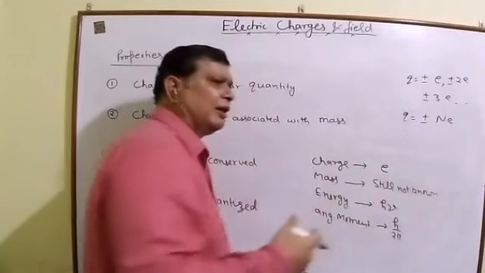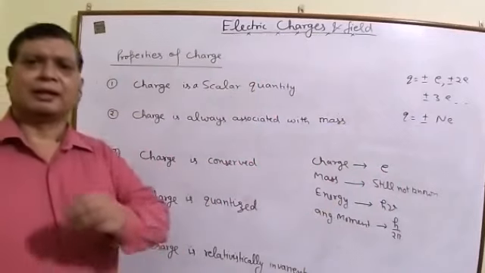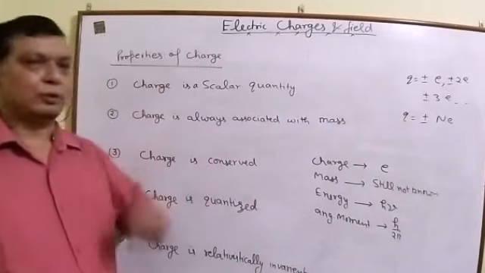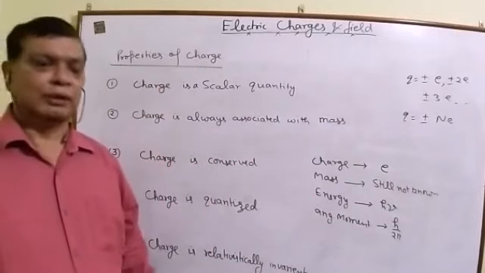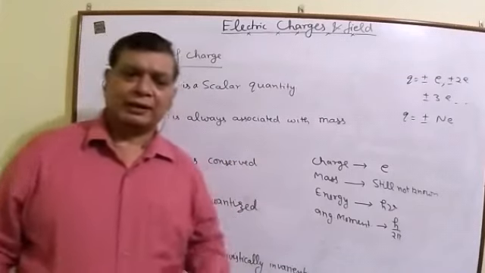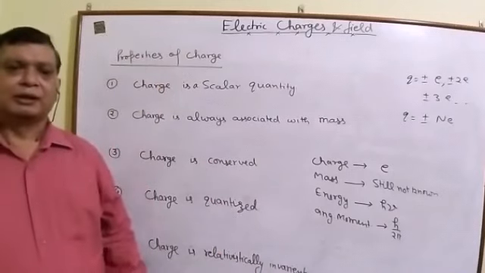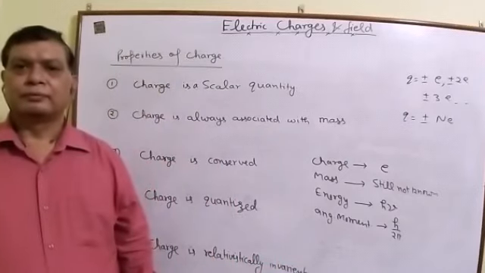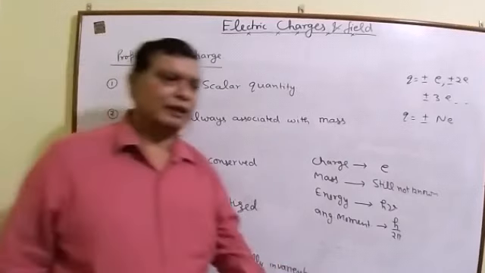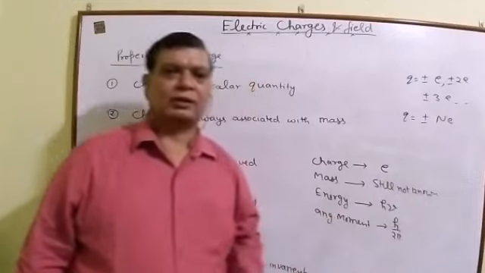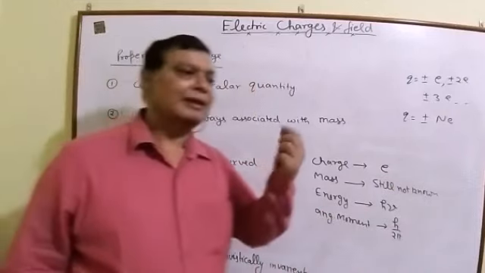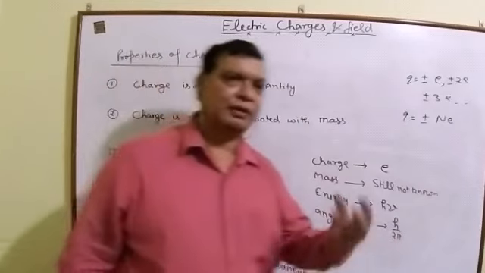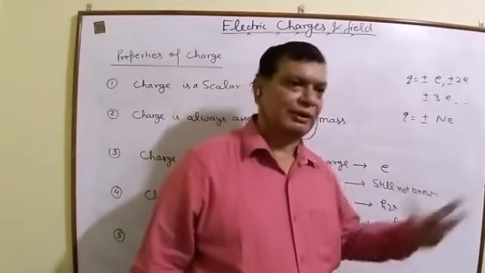It cannot have the values like 3.2E, 5.2E, because I have told you that any body acquires charge just because of transference of electrons. And you can transfer the electrons in the integral values. Like you can transfer 2 electrons, 5 electrons, 10 electrons.